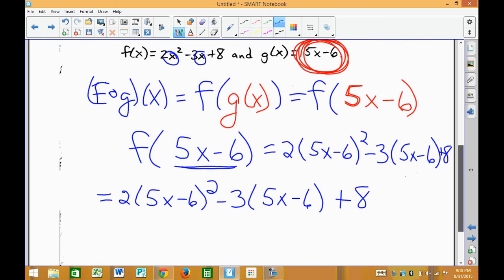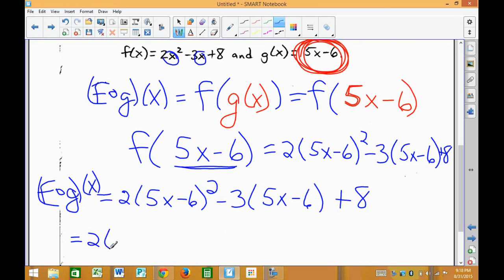That's creating a new function. I'm taking G of X and putting it in for all the X variables in F. Now, this is technically F of G of X, but it's not simplified, so we need to simplify this out.